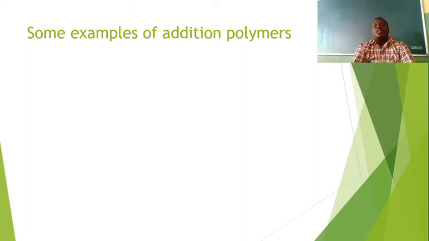So here I have prepared some examples of addition polymers, meaning polymers that come from addition polymerization reactions. Those are polyethylene. You have seen in the previous lesson how polyethylene is formed, but now we will take a little look.